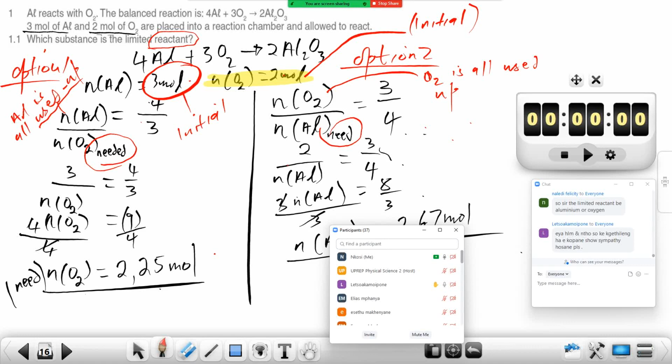So 4 and 3 is the molar ratio. Okay, sir. From where? From the balanced chemical equation. So, sir, based on how the question is asked, what are the max allocation?